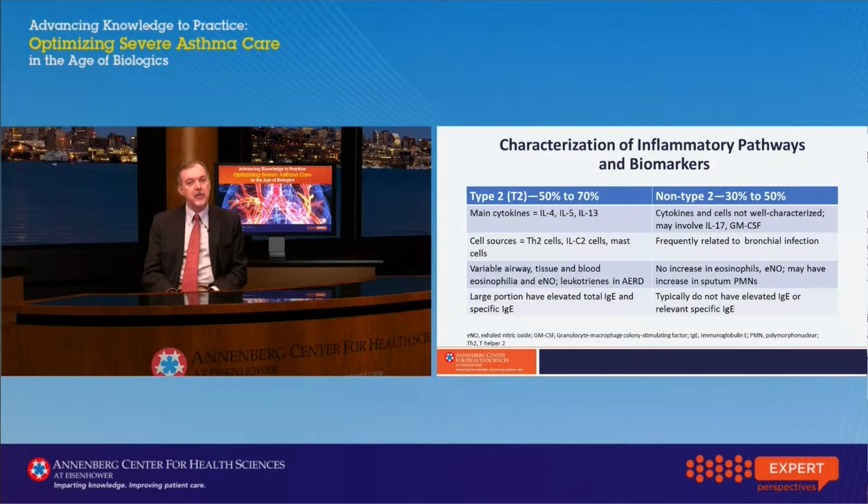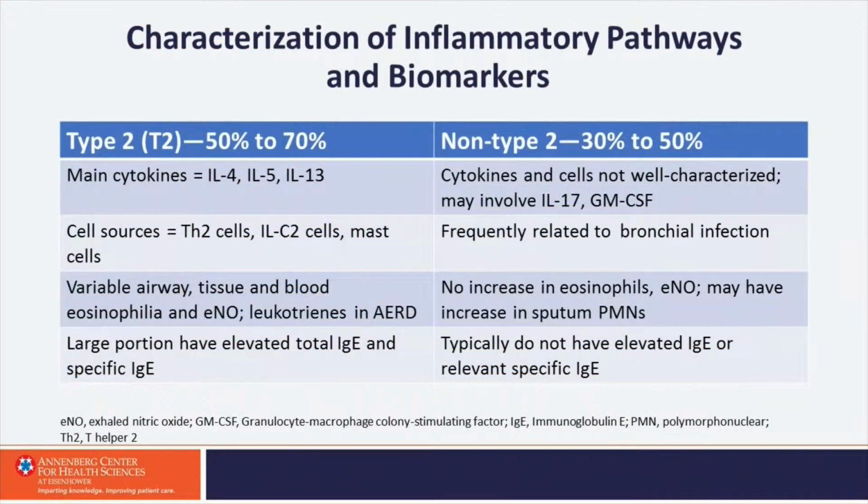Now, again, as I mentioned earlier, non-type 2 is a much more difficult pathway to characterize. We know that the IL-4, 5, and 13 are not involved in this pathway, and it's been speculated, perhaps, that IL-17 may be a very important contributor to this pathway, perhaps GM-CSF as well. These patients frequently have an underlying related bronchial infection, again, but not always.